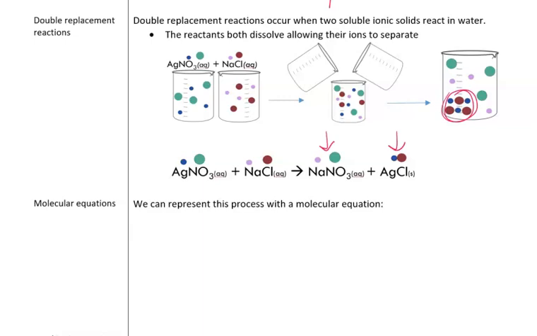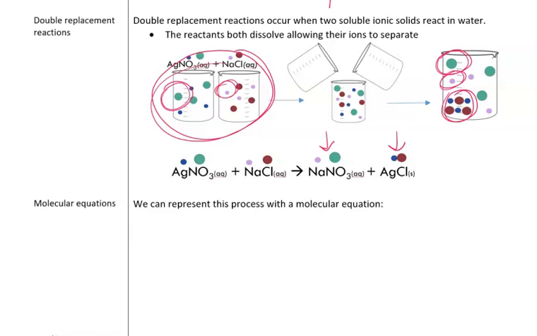And the reason we can write a net ionic equation is because notice that some of these ions, really nothing happened to them. If we look at our original reactants, notice that these green ions, they never changed. They just stayed green ions. And the same thing with these little purpley pink ions. Nothing ever happened with them.